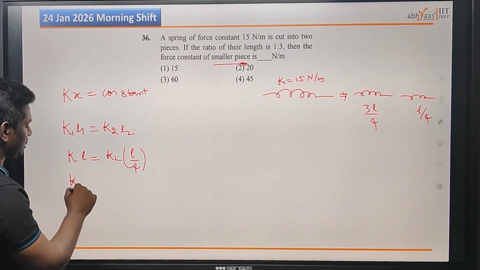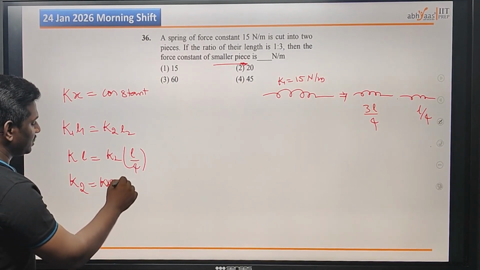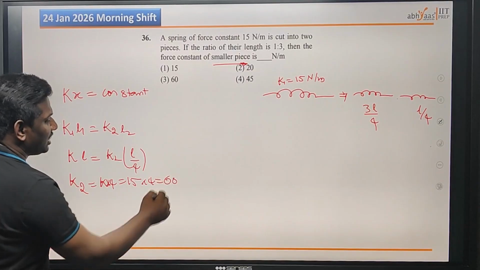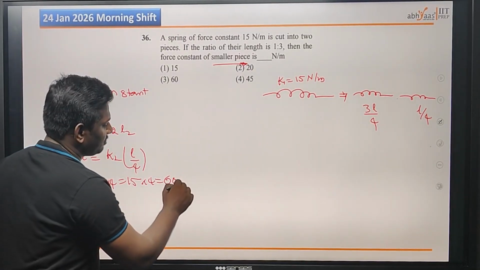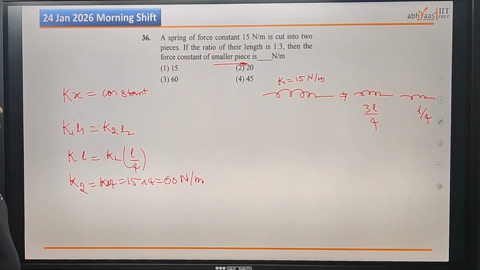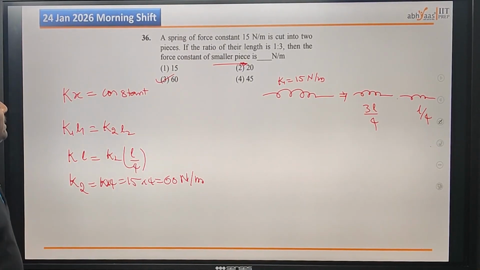So K2 can be written as K into 4, that is 15 into 4. You can simply write 60 Newton per meter. So option 3 is the right answer. Question number 36. Next question, see.